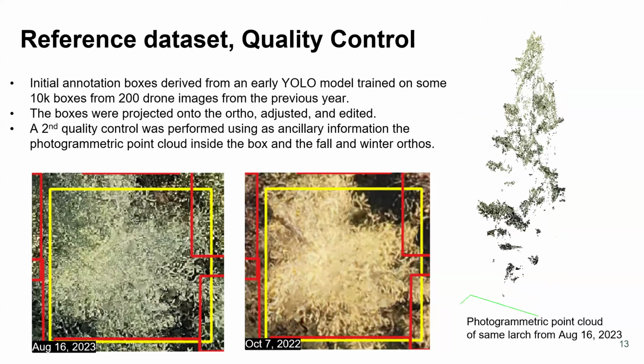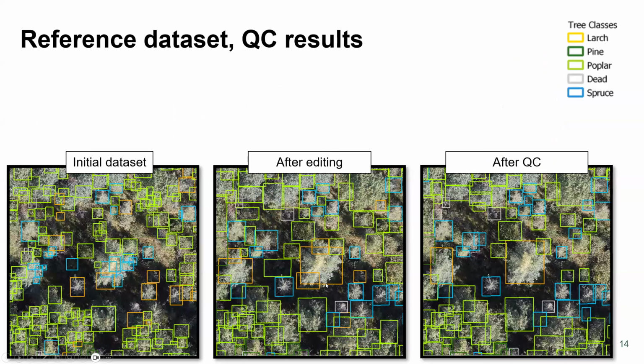And then the predictions from the model were edited by a UFA student and then QC'd by us based on ancillary information such as the photogrammetric point cloud and the October ortho that shows, for example, that this tree crown is a larch, not a spruce.